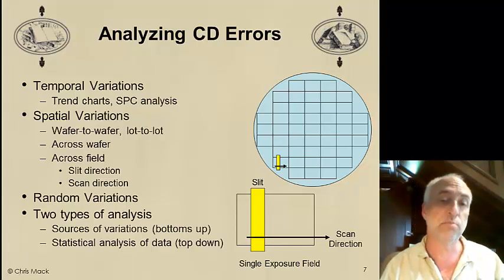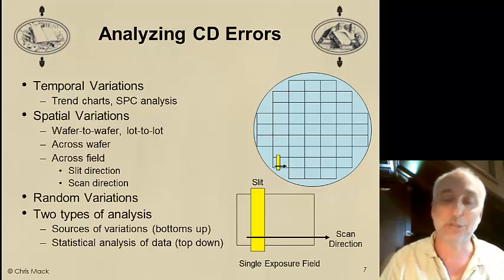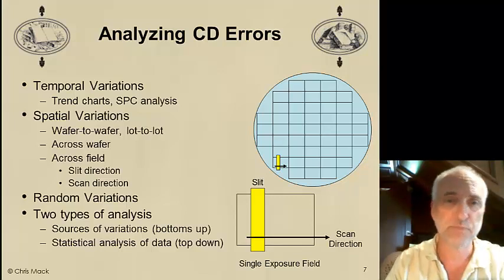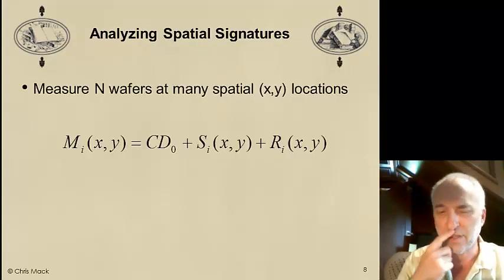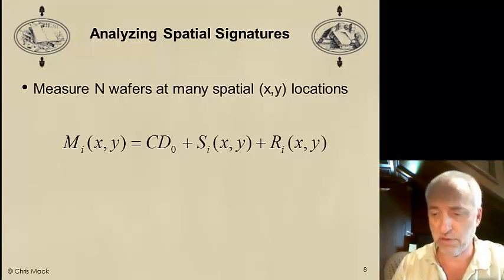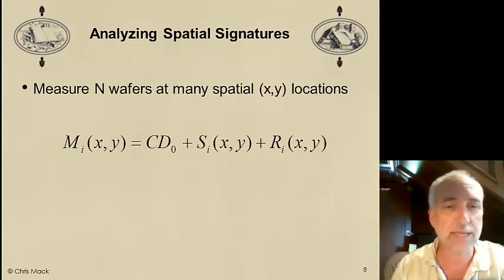Ideally, we do both bottoms-up and top-down analysis, and hopefully they match in the middle and help us explain the whole thing. Let's look at this top-down analysis in a little bit more detail. You've probably seen or thought about this kind of breakdown many times. We say a measurement.